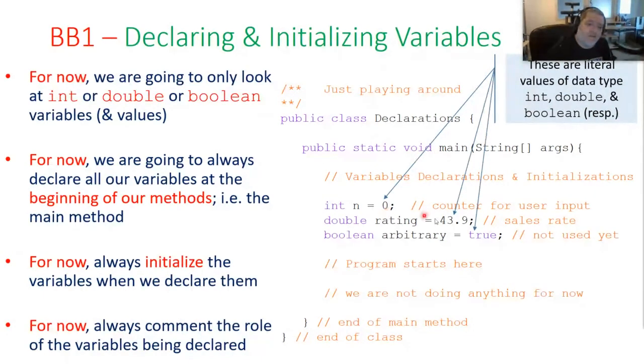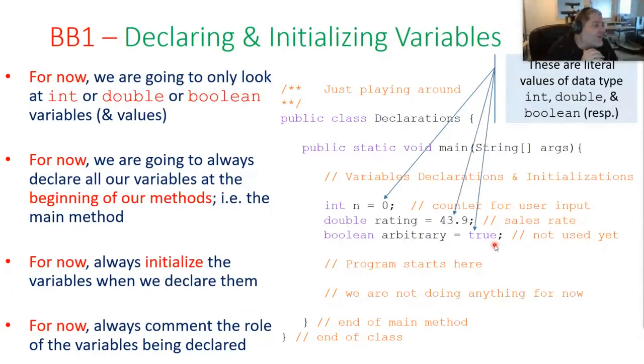Those values here, 0, 43.9, and true, these are values, right? Just to introduce the proper vocabulary, these are called literals. We already encountered that term, I made sure of that, right? When we said system.out.println hello world, the string hello world was also a value, right? It was a piece of text, that's some data, that's a value.